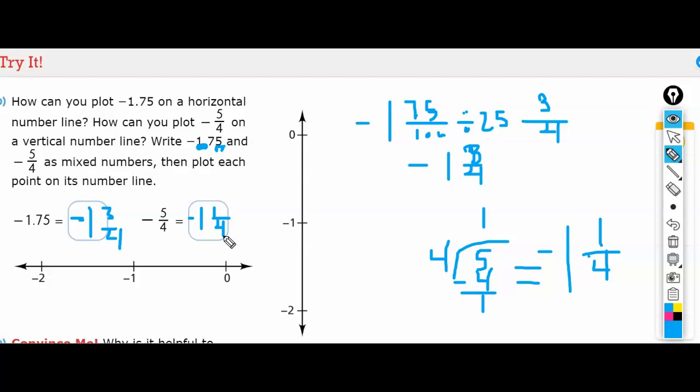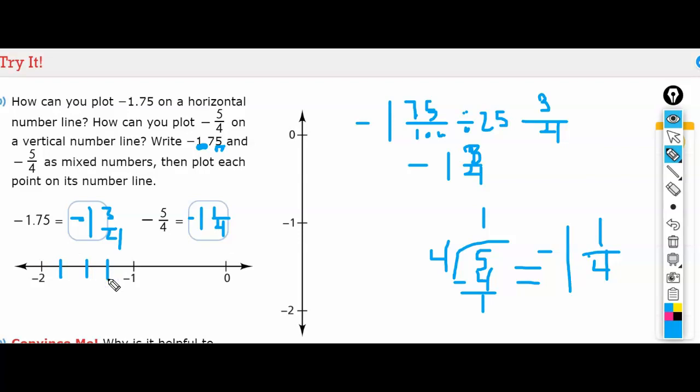So now let's graph both of those, or plot them on the number line. So we'll do this one on this number line. So we have negative 1 and 3/4. Let's separate this into 4 parts: 1, 2, 3, 4 parts.